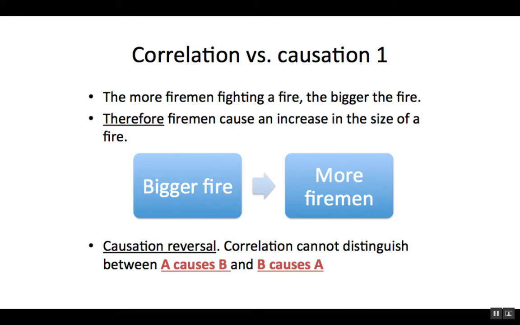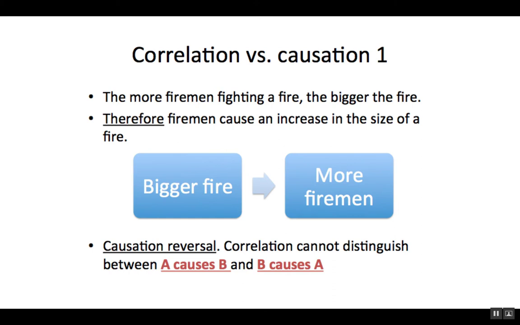Okay, so let's think some more about what is the difference between correlation and causation. There are various things that can get in the way of deciding whether correlation implies causation or not. Here's an example. The more firemen are fighting the fire, the bigger the fire. Therefore, firemen cause an increase in the size of fire. Bigger fire, there's more firemen.